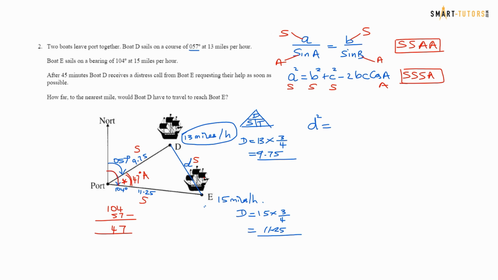So D squared equals 9.75 squared plus 11.25 squared minus 2 times 9.75 times 11.25 times cosine 47, right? Then D is the square root of the answer.